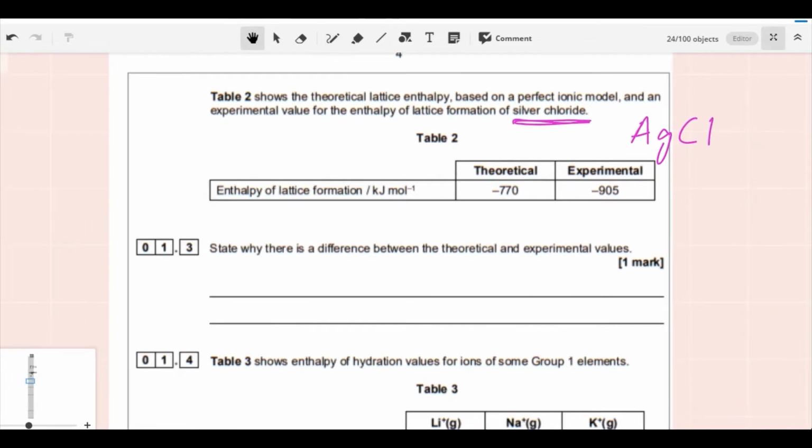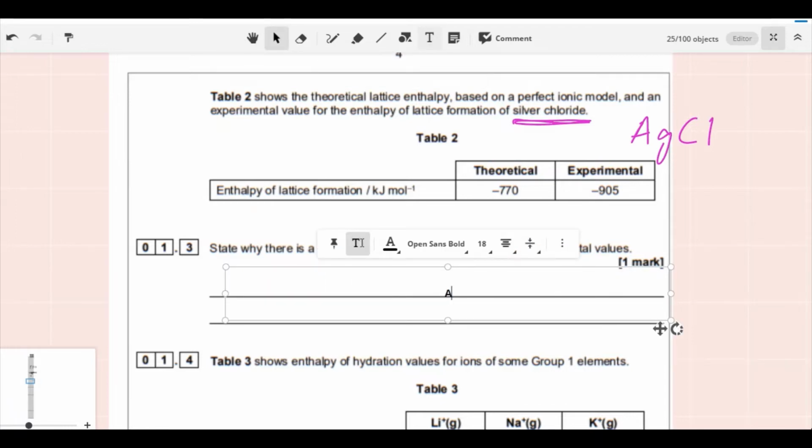Remember that silver chloride has covalent character, because that is a 1 mark question. So here I am going to write AgCl has covalent character, the first one.